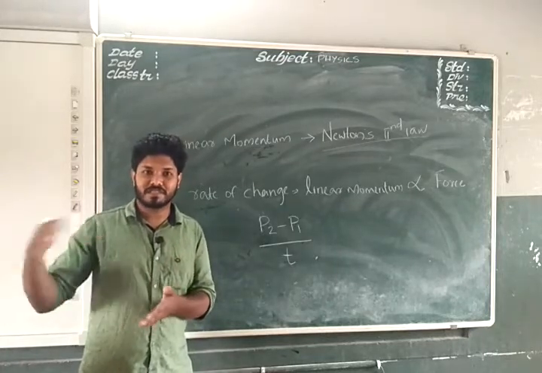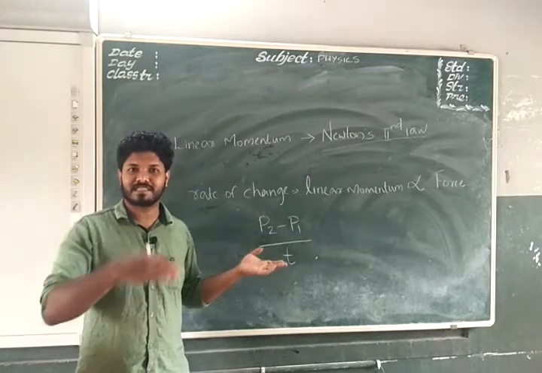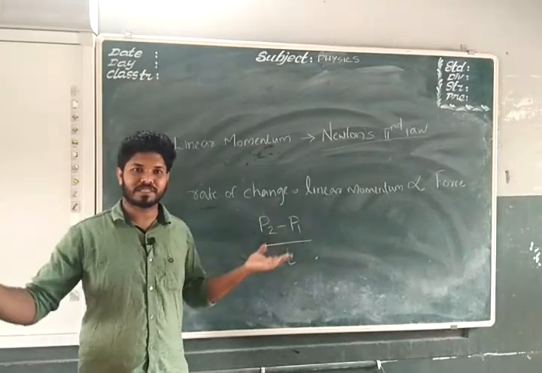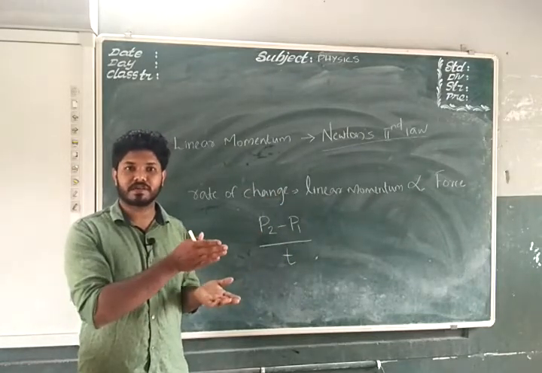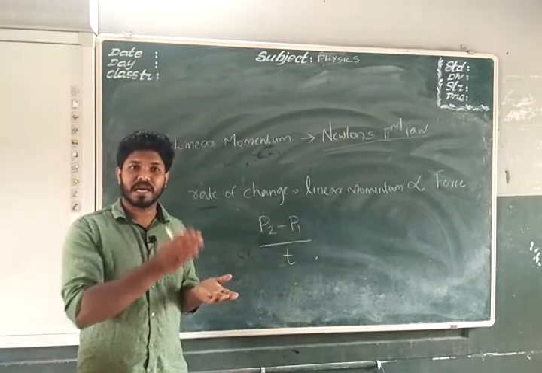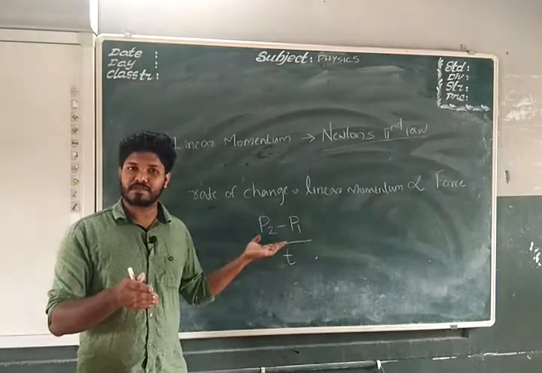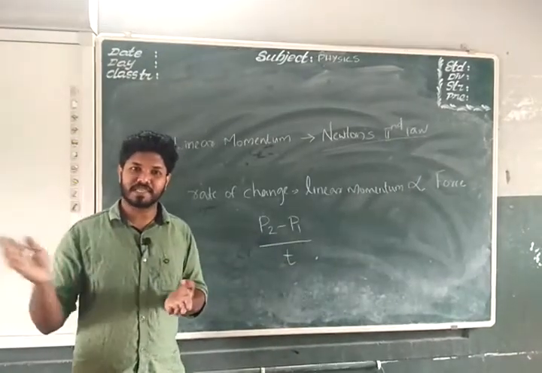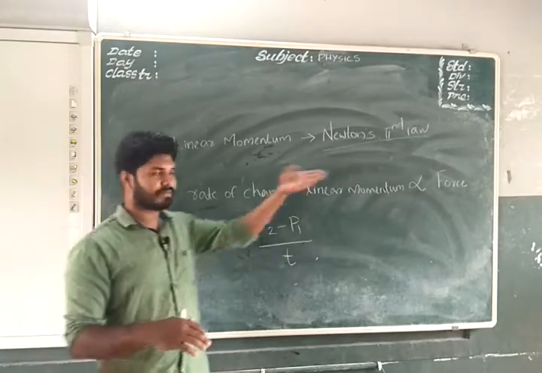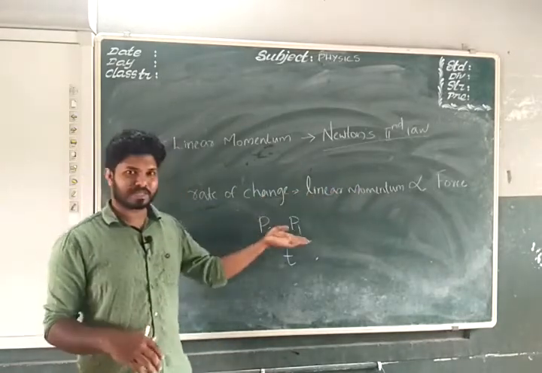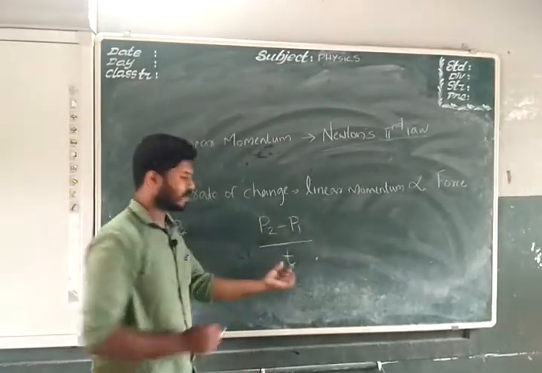Rate of change of distance, that is displacement by time, gives velocity, and velocity by time gives acceleration, isn't it? v minus u by t gives acceleration. Hence, like here, rate of change of linear momentum, that is p2 minus p1, that is change in linear momentum. Rate of change means divided by t.